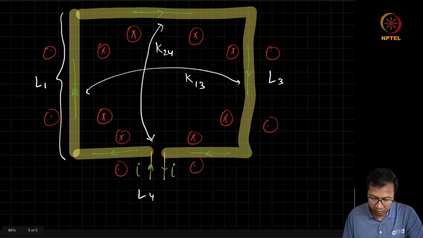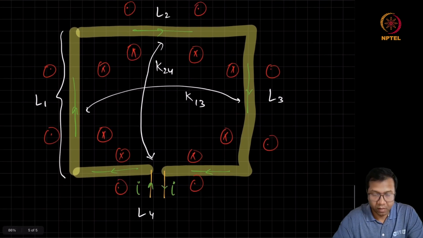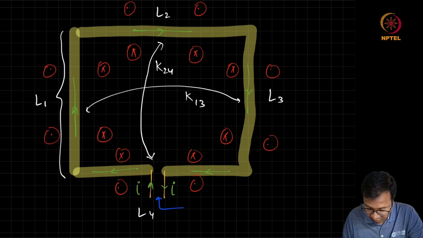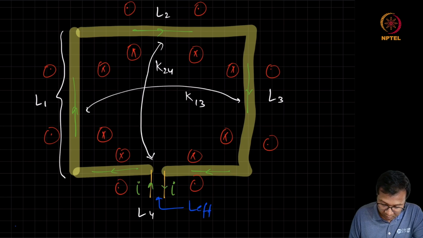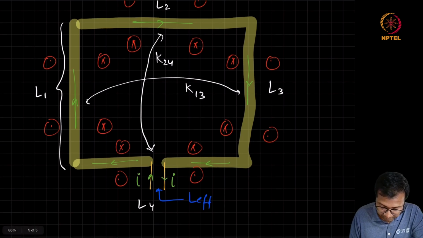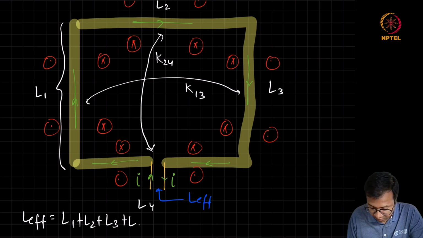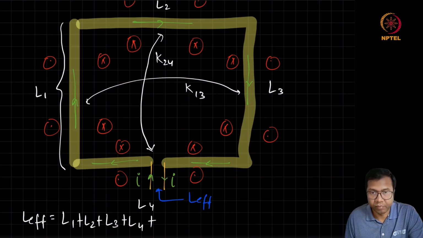So now when I have to find the effective inductance, L effective will be first the summation of each of these inductances, minus the effect of mutual coupling.